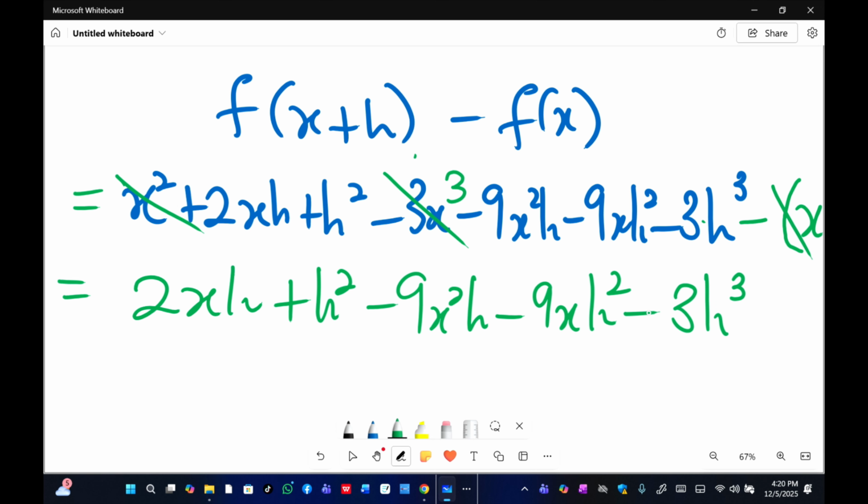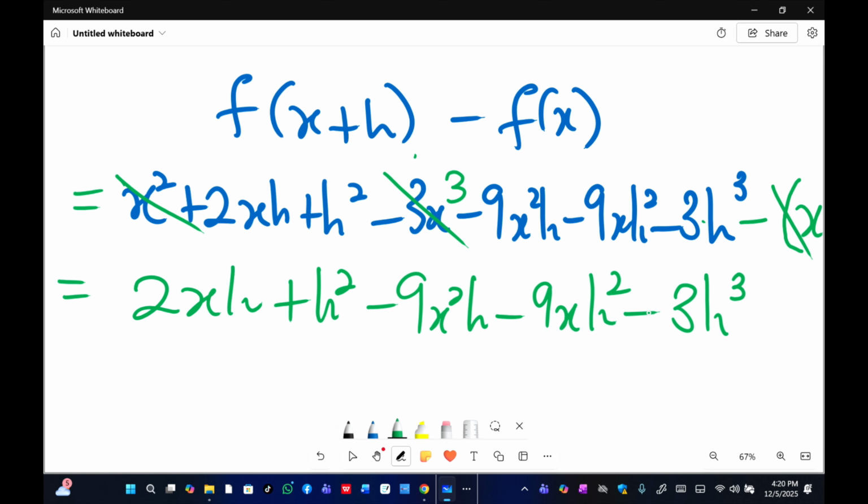All right. So we continue to simplify. So we need to divide each of the terms by h. So when you divide the first one, that is 2xh by h, you are going to get 2x. When you divide this one also by h, it's left with h.